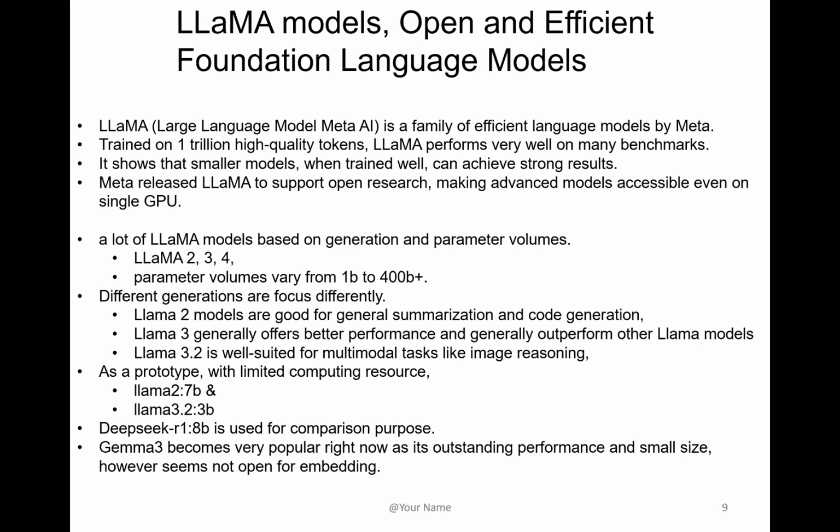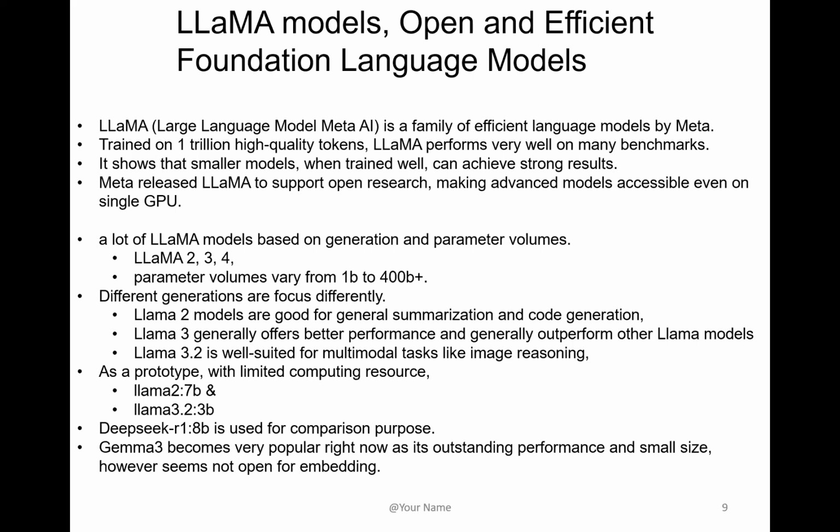It also provides a very small size model you can download locally and run on even a single GPU. Because for this prototype we don't have that much computing resource, we chose this small-sized open source LLaMA model. We also took DeepSeek R1 for comparison purposes.